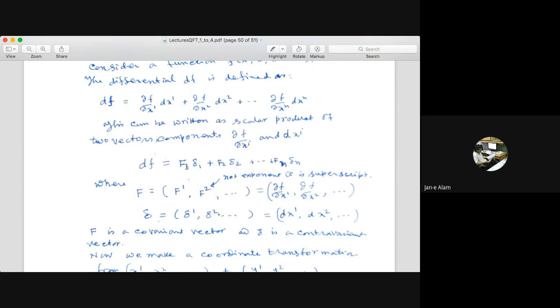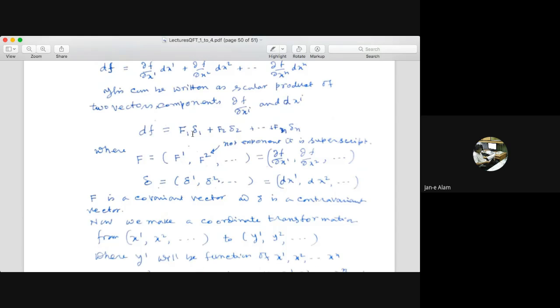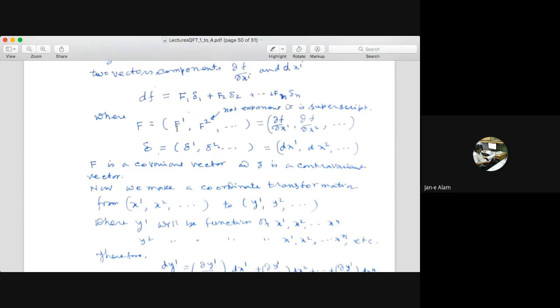Now this f is simply the gradient, the derivative del f by del x1. These are all covariant vectors, and the delta are contravariant vectors.